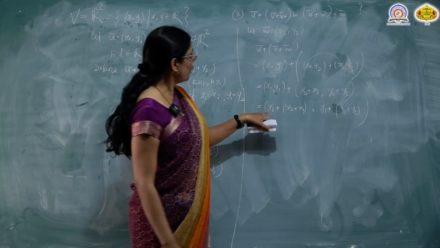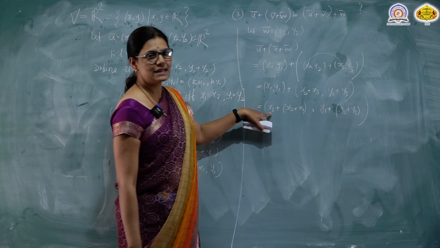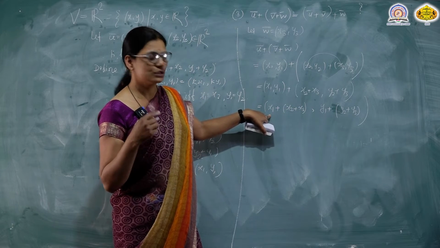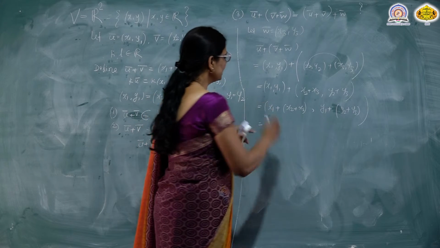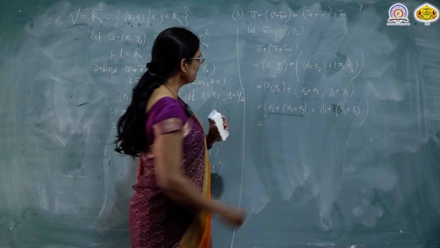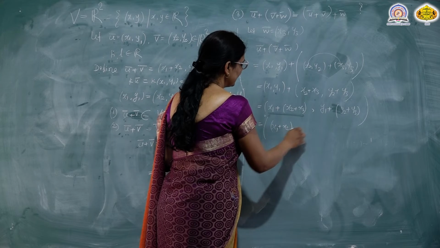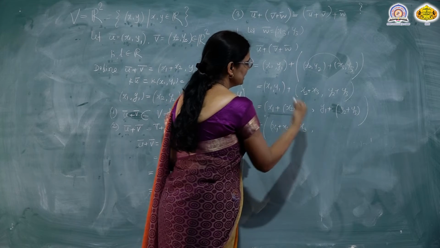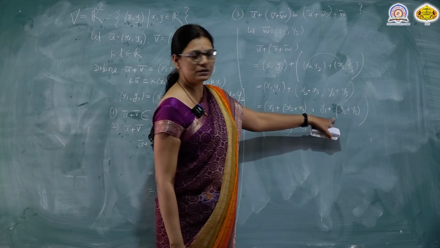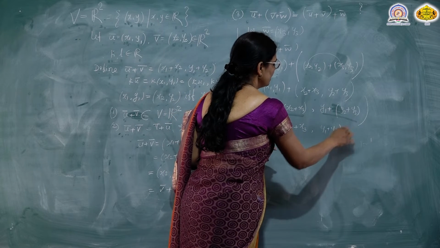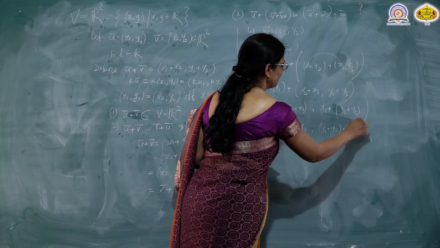Okay, so all these x's and y's are real numbers and addition of real numbers is associative. So the first can be written as x1 plus x2 in one bracket plus x3. Do the same thing for the second one: y1 plus y2 in one bracket plus y3.